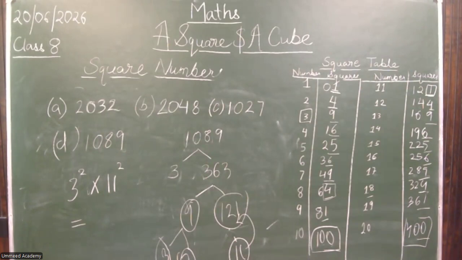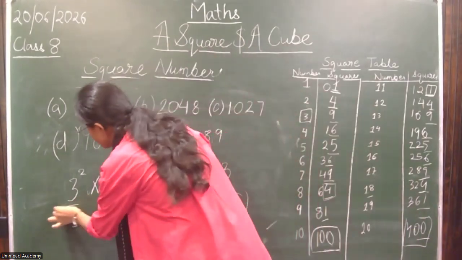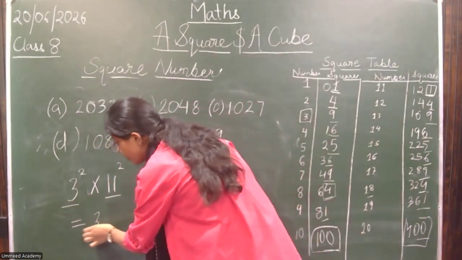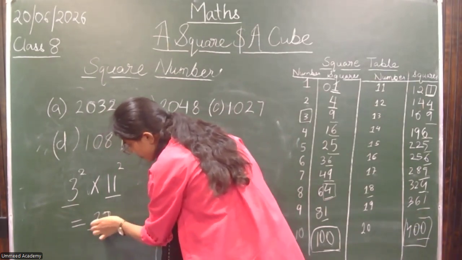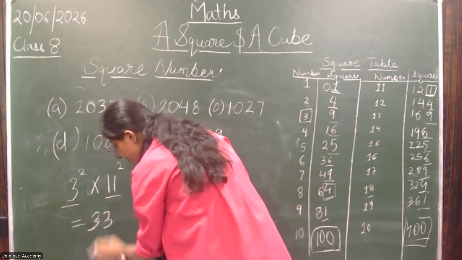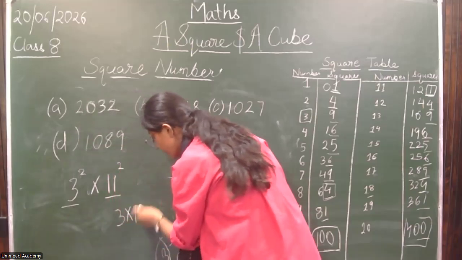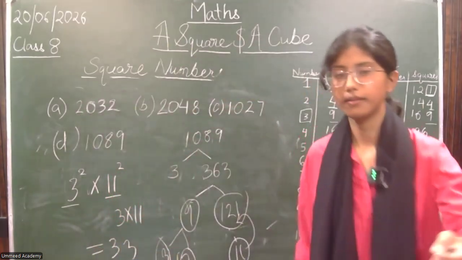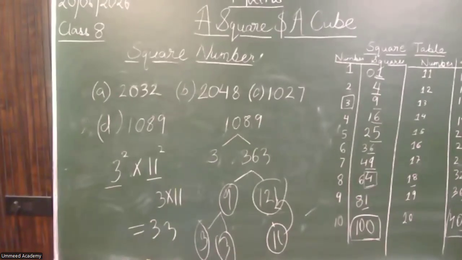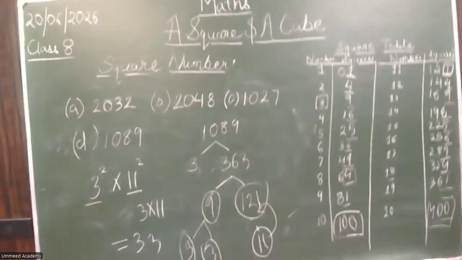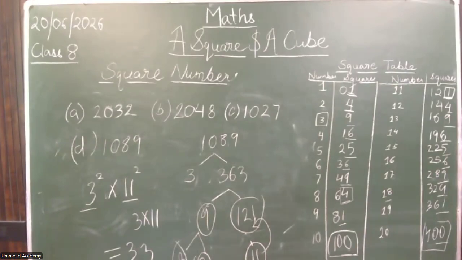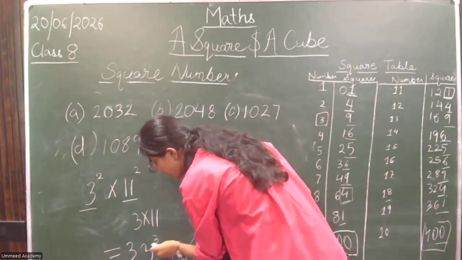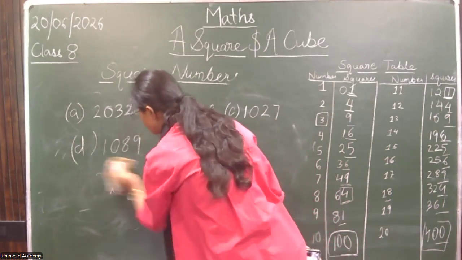We are getting it as 1089. अब अगर इसमें से हम common लेके multiply करें, 3 into 11 is 33. 33. अब इस 33 का हम square कर देंगे तो हमारे पास answer आ जाएगा ना?